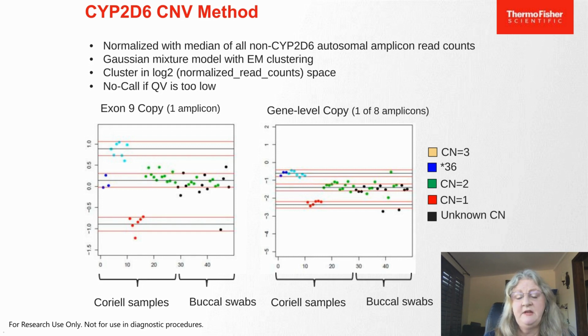And what you can see here, if you look at the samples in blue, when we look at gene level copy number, they have 3 copies. There's dark blue and there's pale blue. But then when we look at the exon 9, the dark blue ones show that they only have 2 copies of exon 9, and the pale blue ones show that they have 3 copies of exon 9. And so this is how we can distinguish individuals with the star 36 allele with only 2 functional copies of the gene.